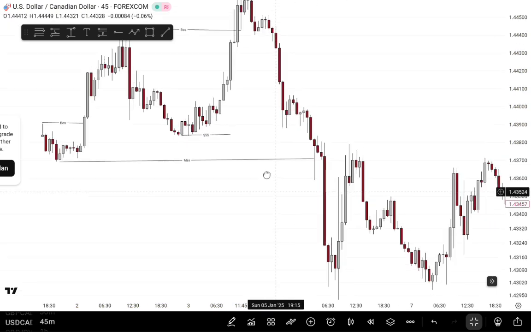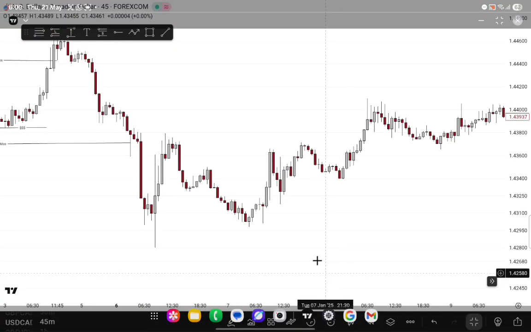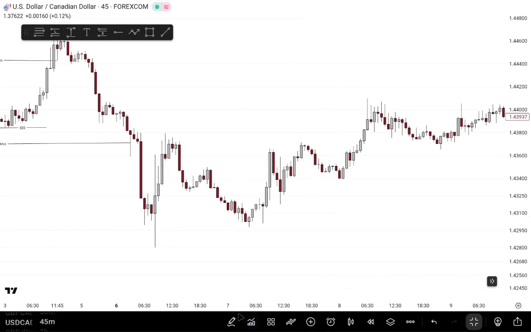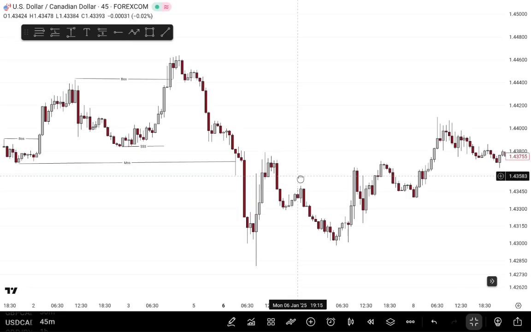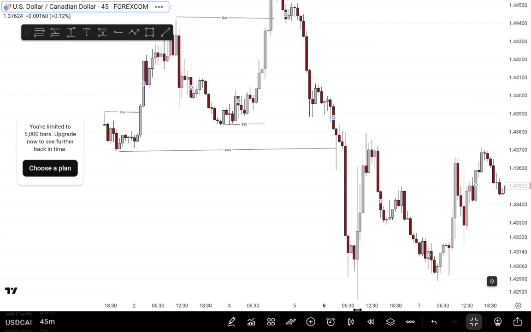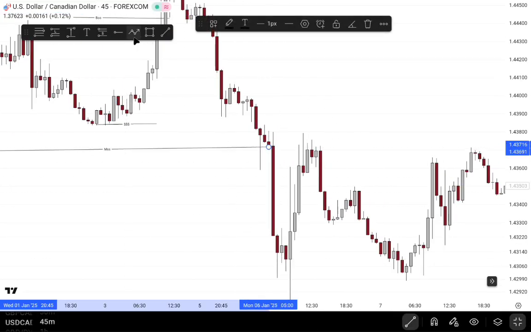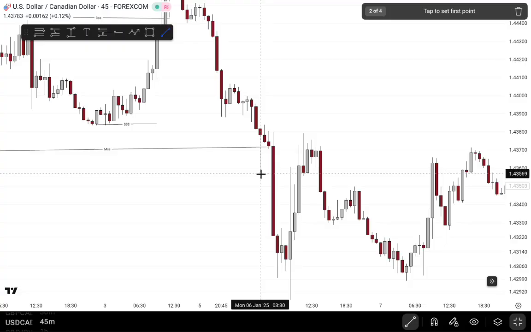All right, so we have a market structure shift. Since we have a market structure shift at this point, price did not give us a break. I want to show you guys something. Just the way you guys are marking break of structure, it's not really good. You can see this weak rejection which we are seeing here.